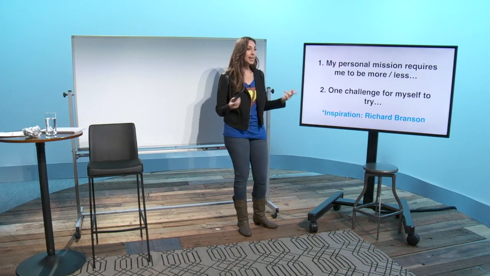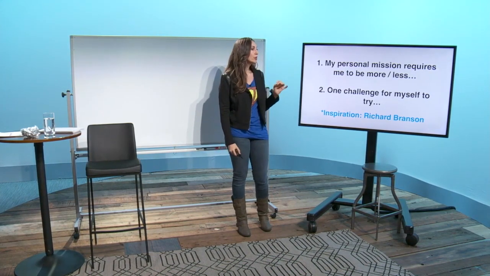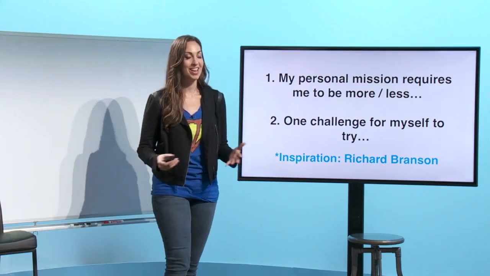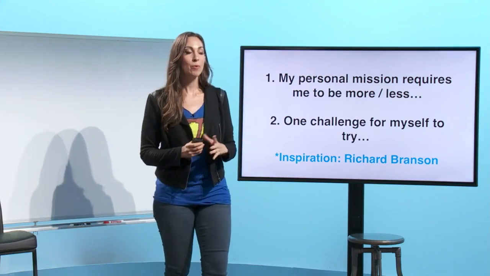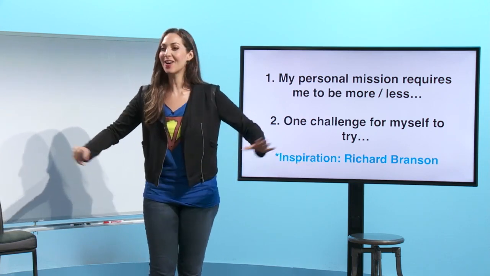So, again, we come to this question of, does my personal mission statement require me to be more or less conscientious? What's one challenge or action step I can try for myself to push or optimize my personality type? A great inspiration here is Richard Branson. Richard Branson has many books that he's written, and they are awesome. They're hilarious. In one of his first books, he talks about how he's a free spirit. He loves adventure.